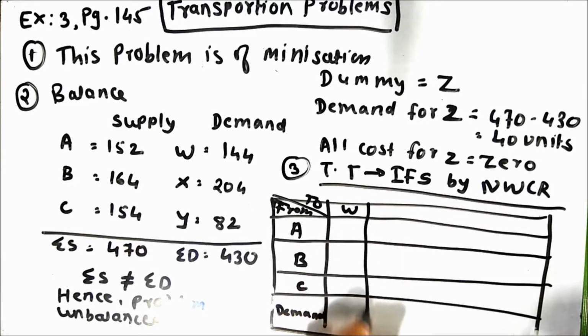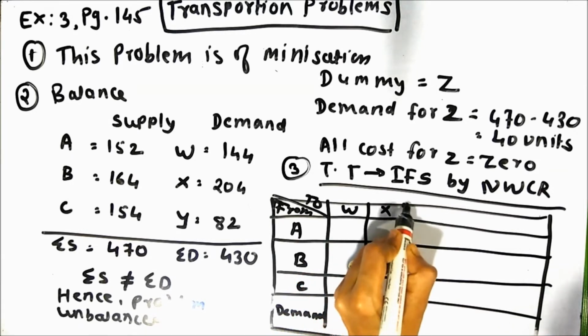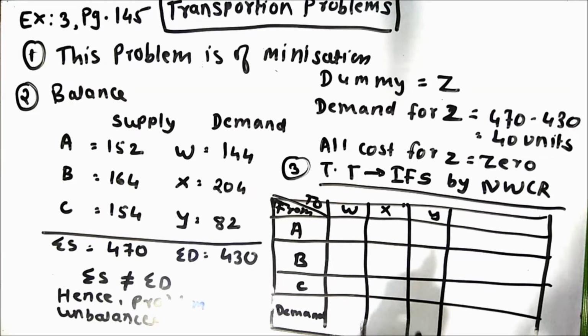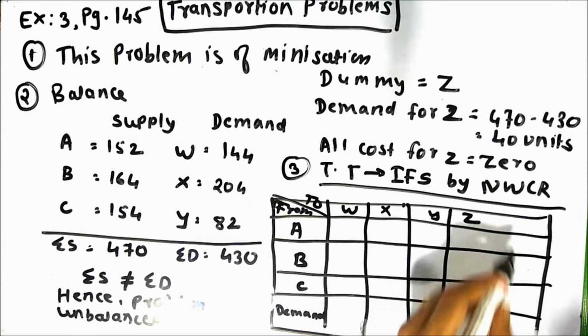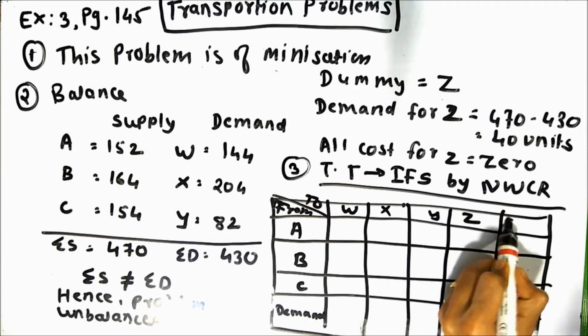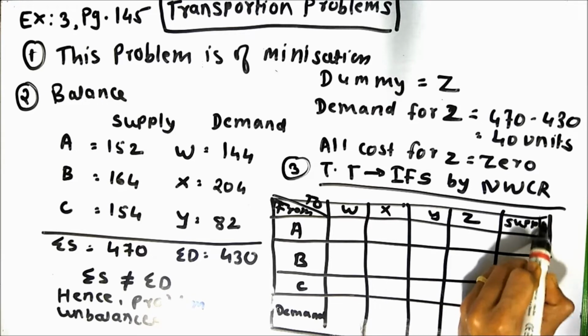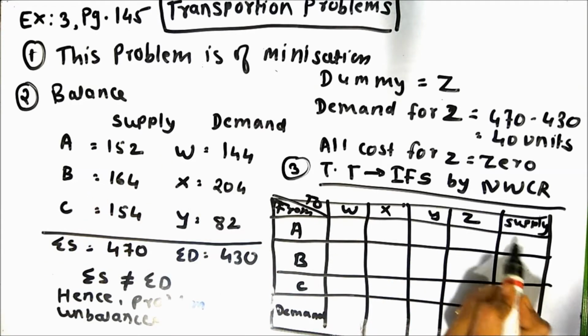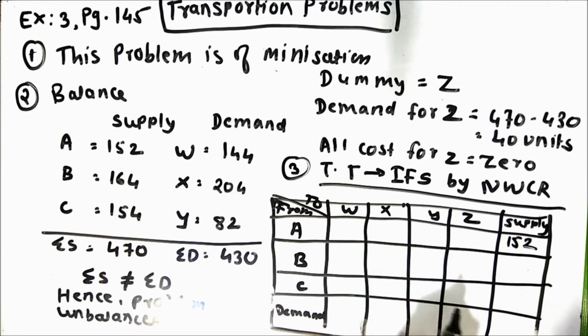Here we have W, X, Y, and now we have to consider Z as well, which is the dummy, and the last one is supply. Now let me write the demand and supply side. For A, supply is 152. For B it is 164.